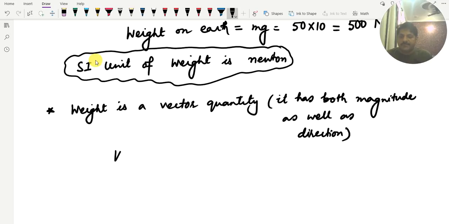Now we just discussed W is equal to mg, and when we were talking about acceleration due to gravity, we discussed when g can be 0. Small g can be 0, small g can be positive, small g can be negative. Now when is g equal to 0? g is equal to 0 at the center of earth, or if you go to outer space where acceleration of gravity can be neglected, g is equal to 0.